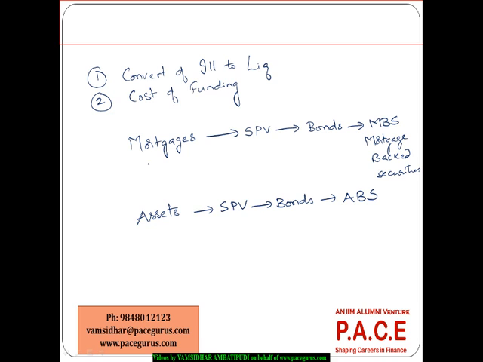Now, what is happening in a general banking system? Let's try to understand the general banking system. The depositors, regular customers, deposit their money into the bank, with different kinds of deposits for which they get different kinds of interest rates. Sometimes it is majorly fixed, or a little bit of floating.